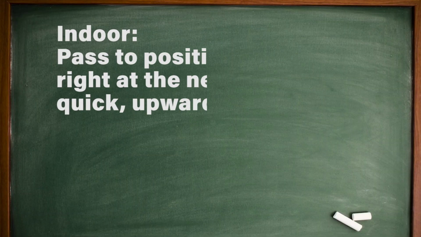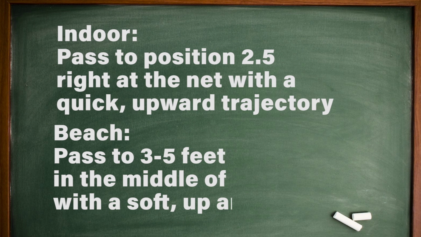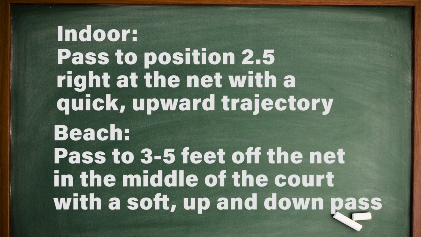So remember, indoor, pass to position 2.5, right at the net with a nice quick upward trajectory, and on the beach, pass 3 to 5 feet off the net in the middle of the court with a nice, slow, up and down, soft pass. Okay, you guys, I hope you found that helpful, outlining the differences between a perfect pass indoor and a perfect pass on the beach.